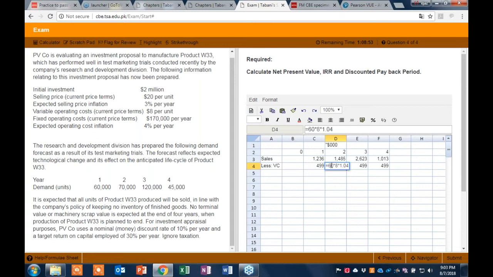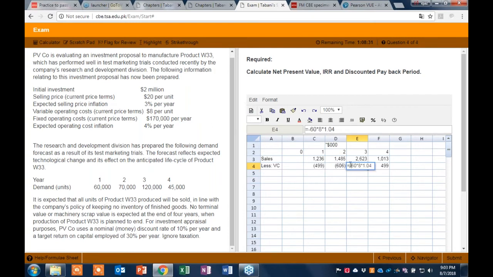and 60 will be replaced by the sales volume for the second year into 8 into 1.04 raised to the power 2. I just forgot, it should be shown as negative figures. So we'll just need to place the minus.